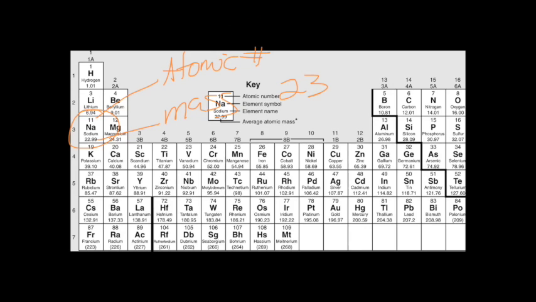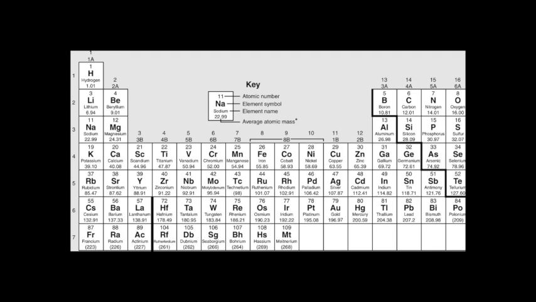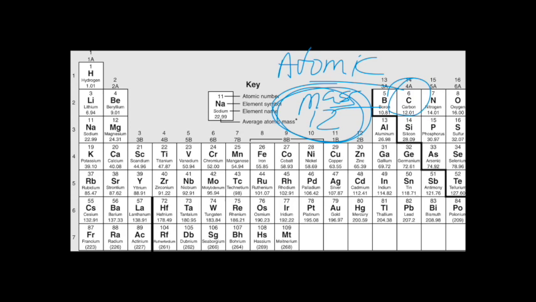One more. Again, hit pause, see if you can do it on your own. All right. So now we have carbon-13. Let's find carbon-13. Carbon has an atomic number of 6 and a mass of 12. Okay, but we've got to think about this one for a minute. Let's go back to the other slide.